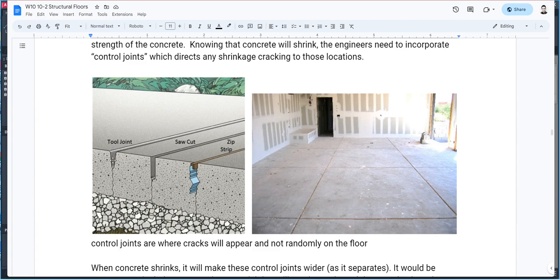So your formwork guy will need to do this control joint, or the guy who pours the concrete when it's a little bit hard will simply press a metal piece that makes a groove on the concrete.